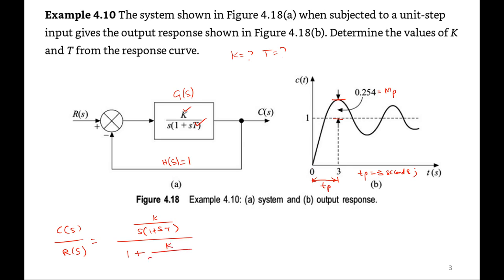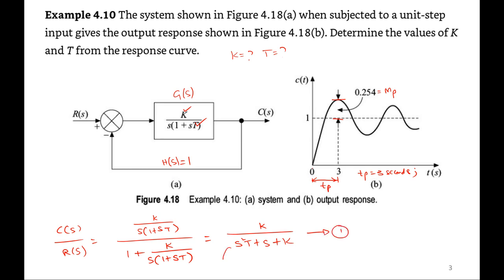We will take the LCM; s into 1 plus sT will get cancelled. So we just multiply, and we get K divided by s square T plus s plus K. So this is the transfer function that we are getting.